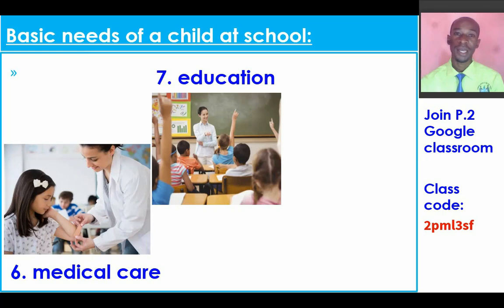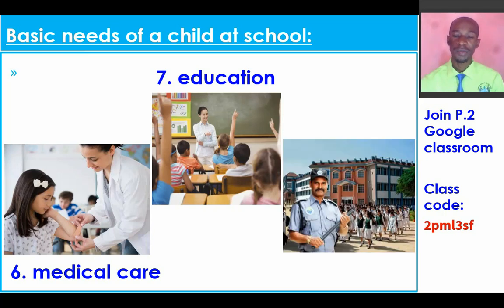Education, where we learn, we get knowledge from a teacher. Lastly, we can talk about security. So here we have a security guard as the learners are within the school premises. At the gate, you will find the security guard. So these are some of the basic needs of a child at a school.